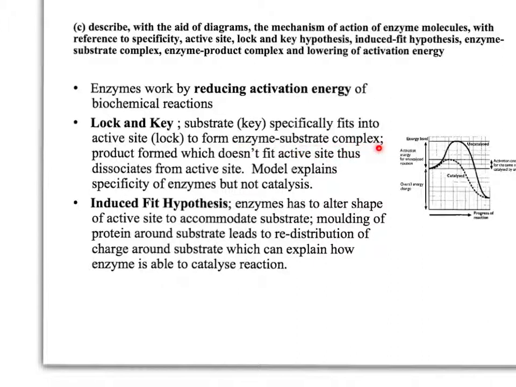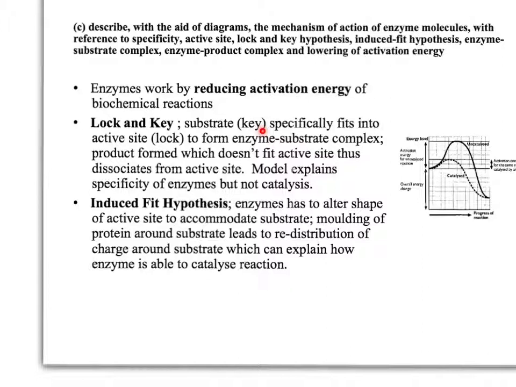Examiners love it. The product formed doesn't fit because the product is different from the substrate. It no longer fits the lock, or the active site, and therefore it moves away or dissociates from the active site. So that explains how enzymes are specific to substrates in the same way as a lock is specific to a key.